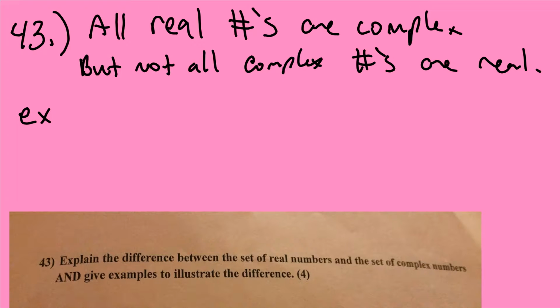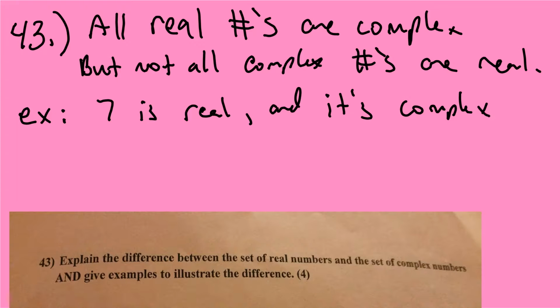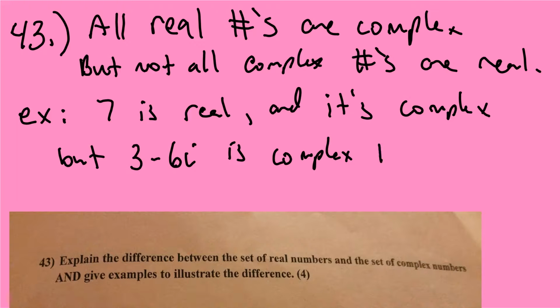For example, 7 is real and it's complex, but 3 minus 6i is complex but not real.